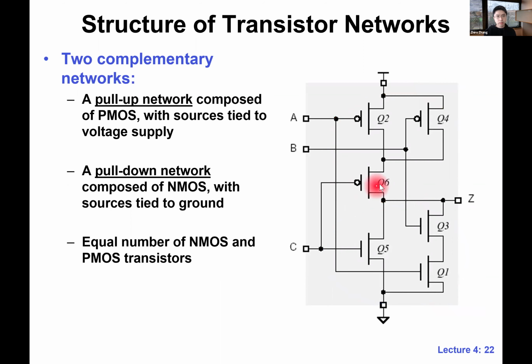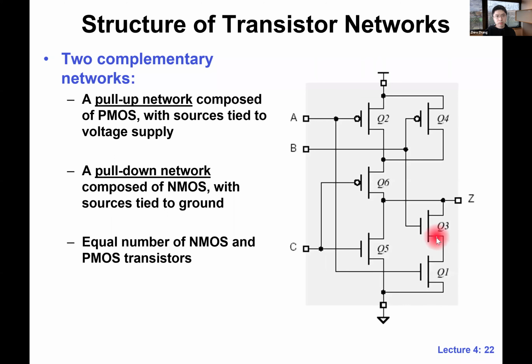This is the shape of the PMOS network and the NMOS network. They are also sort of dual to each other. They're complementary. If you look at this one, we have a parallel structure. Q2, Q4 are in parallel, and the corresponding transistors over here are connecting to the same inputs. We have a 3 input gate here using CMOS transistors.